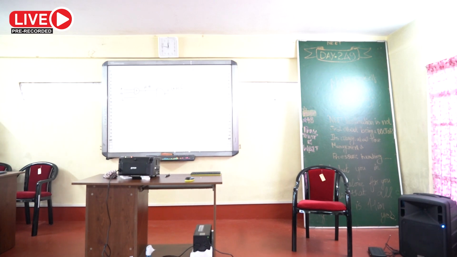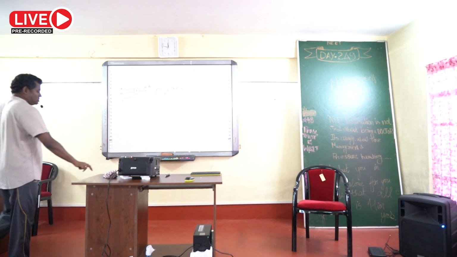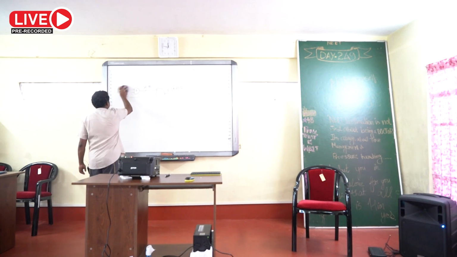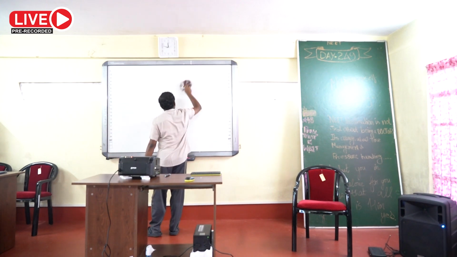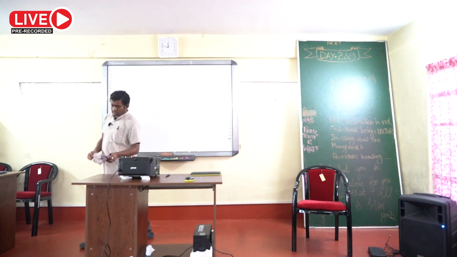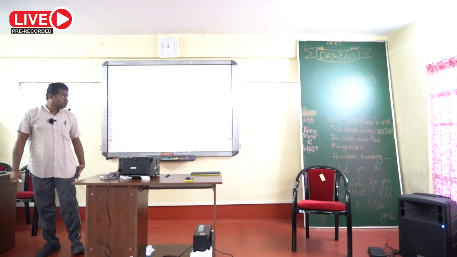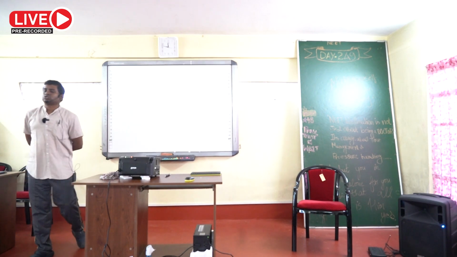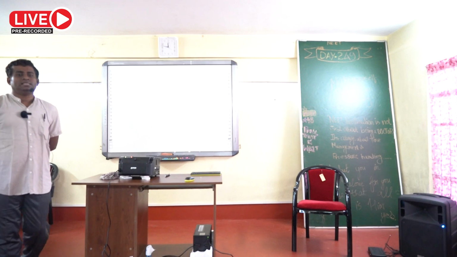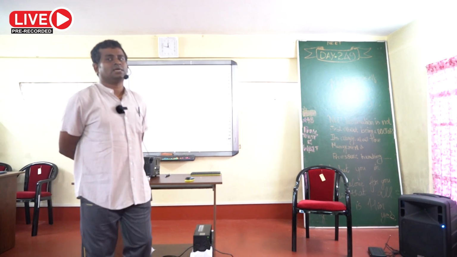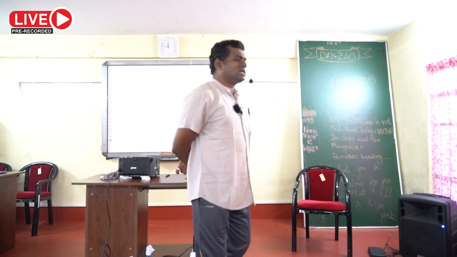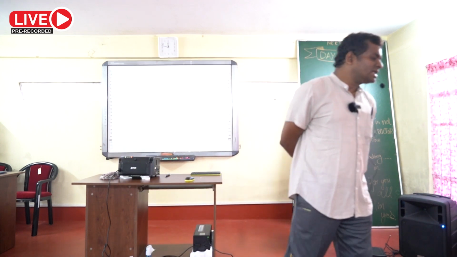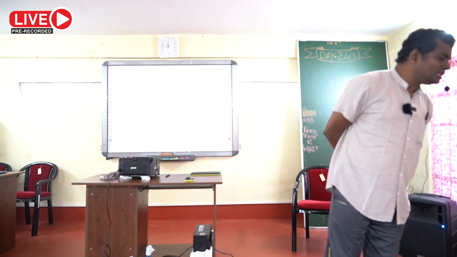Okay, so we will discuss some particular concepts. The particle dynamics portions we have already completed in the last visit. I think the last topic that I discussed is perfectly elastic collision in one dimension.